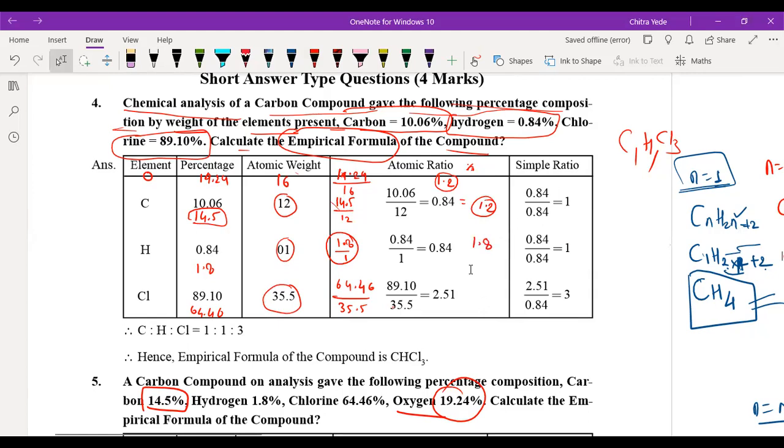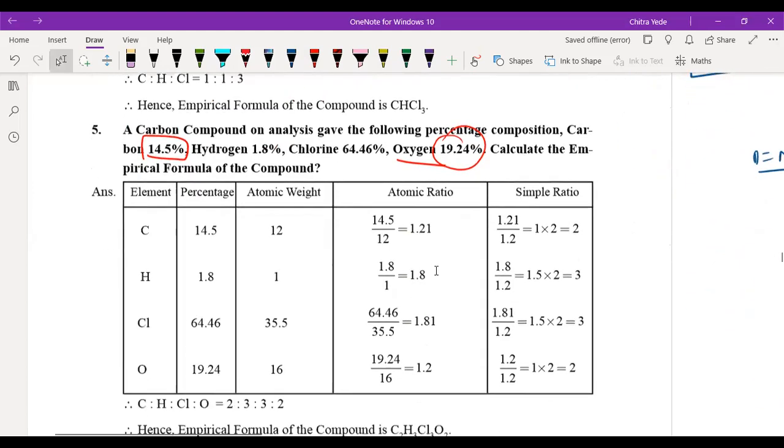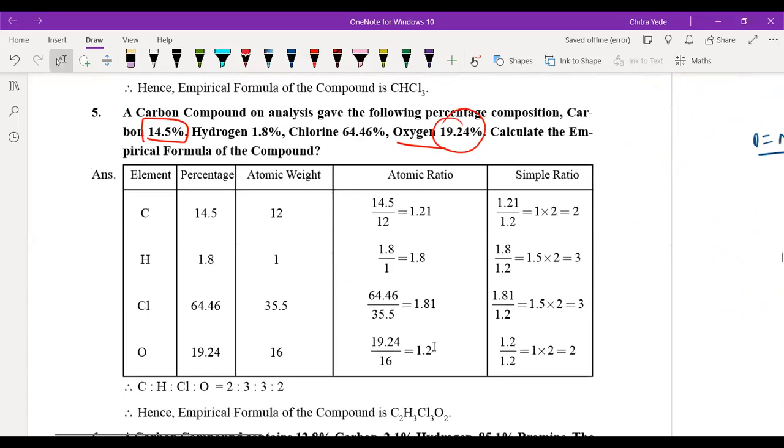Now for chlorine we have 64.46 divided by 35.5. It will be 1.8. Okay, so we have the values here: 1.2, 1.2, 1.8, 1.8.